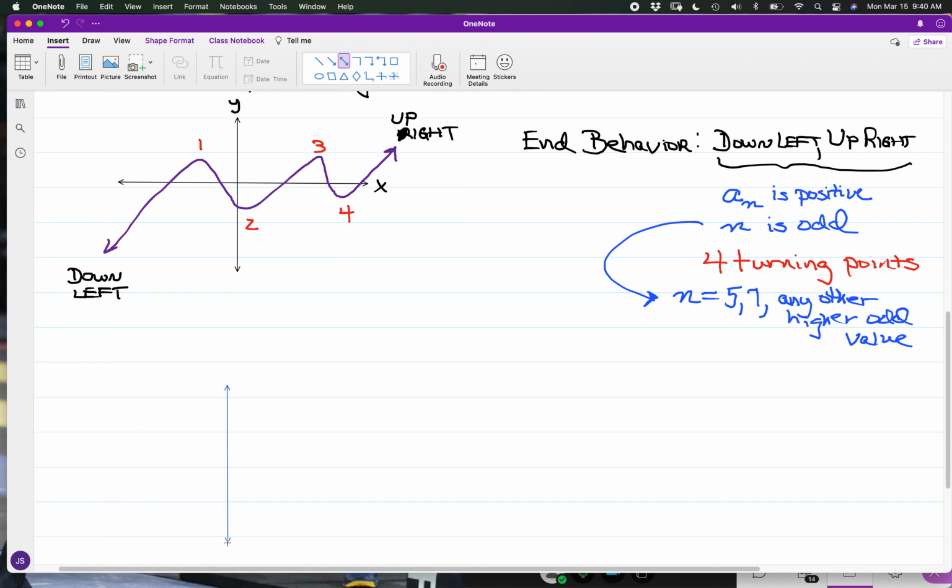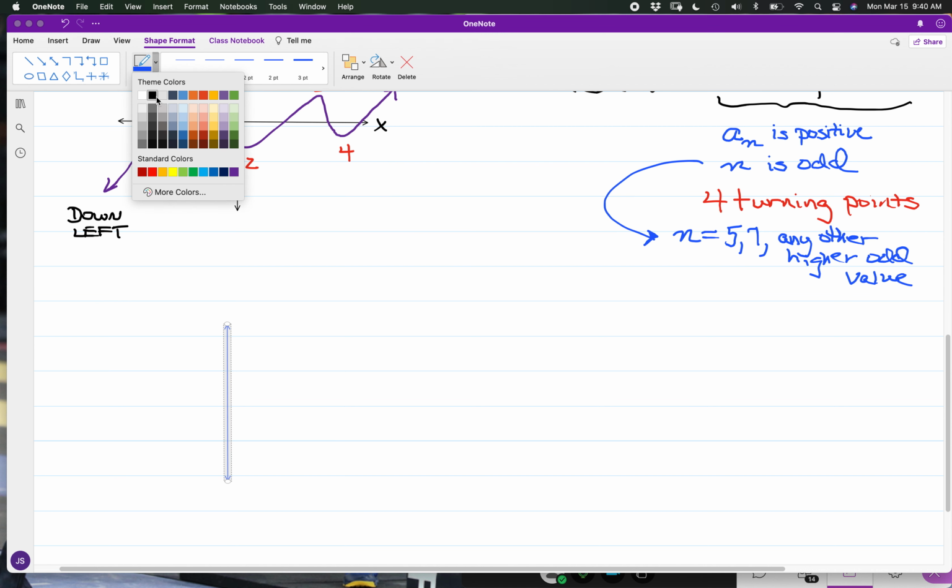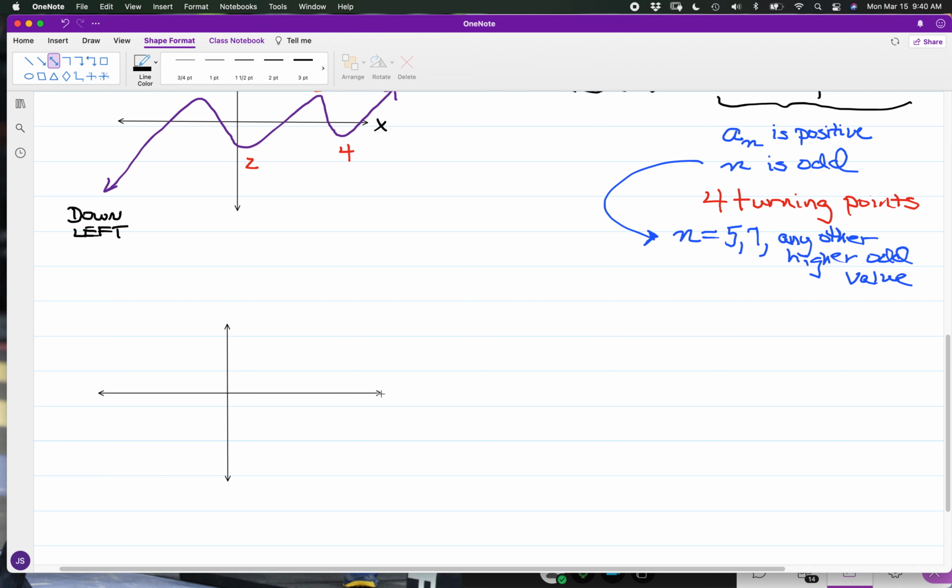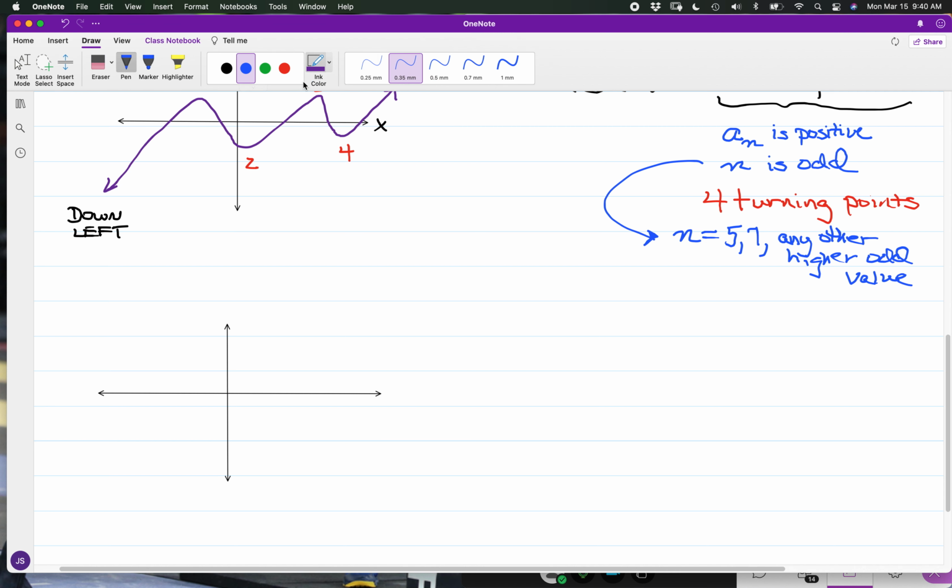Now let's say we have another case. All right, now for the end behavior that exists for this function, we have both down to the left and down to the right.